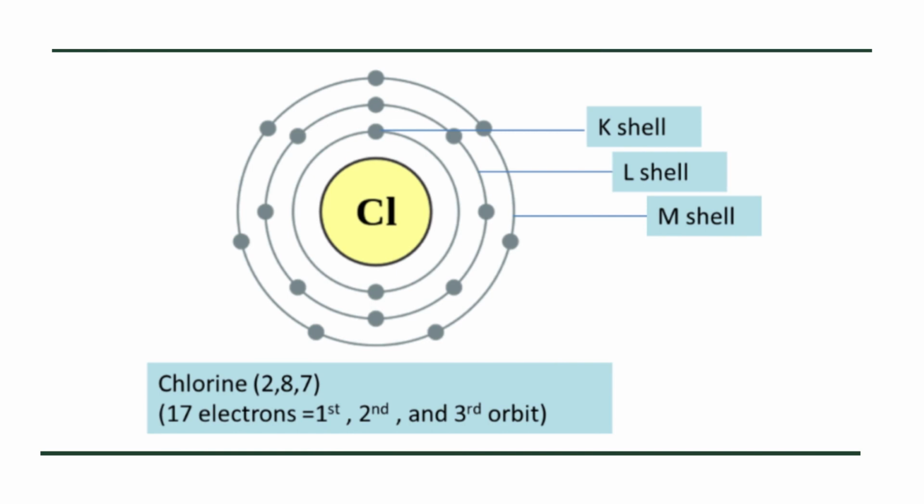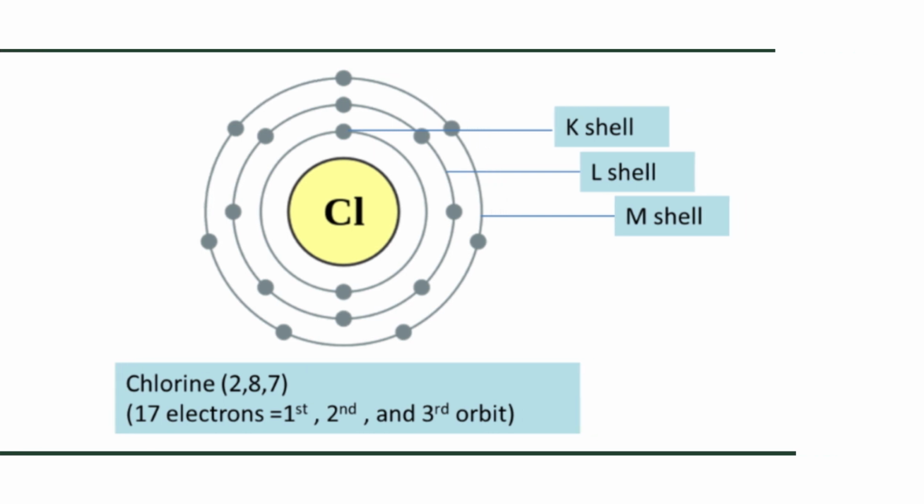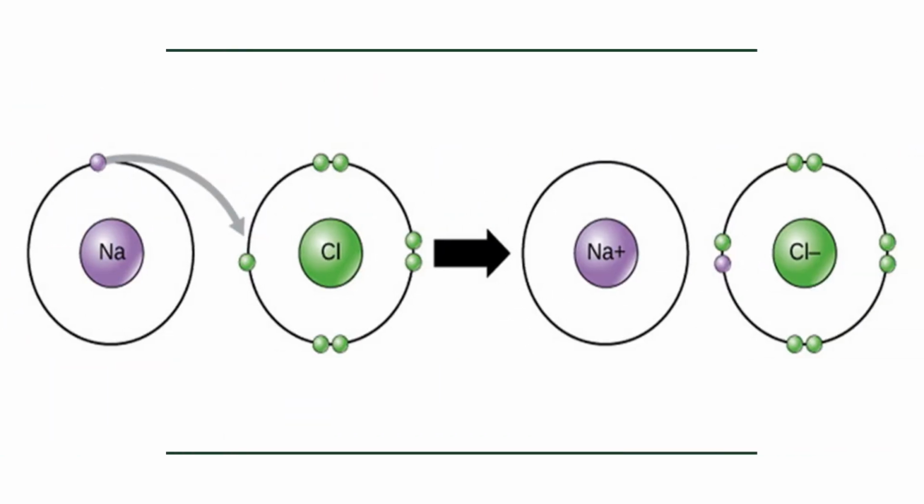So 1 needs 7 to complete the shell, and 7 needs 1 to complete the shell. So sodium will transfer that 1 electron to chlorine, making chlorine attain its octet state, and sodium too attain its octet state. Are we together?